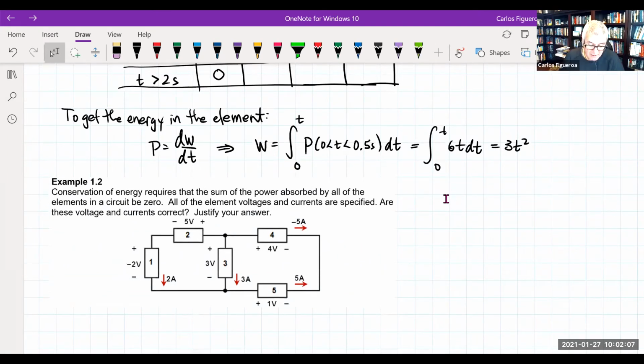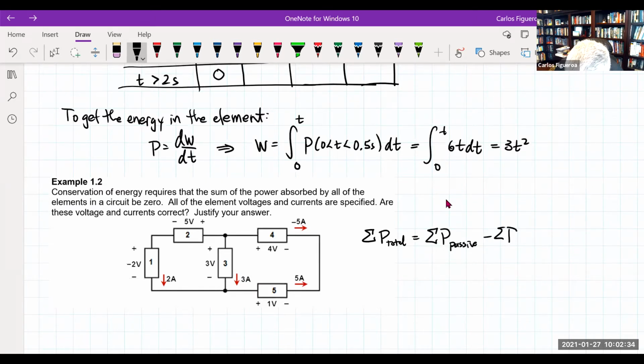So it says, example 1.2 reads, conservation of energy requires that the sum of the power absorbed by all the elements in the circuit is 0. What I really mean by this statement is that if I look at the sum of total powers, this is really the sum of all of the passive minus all of the active elements.